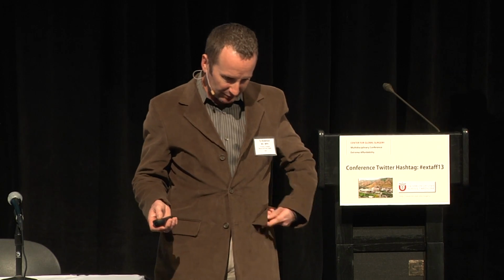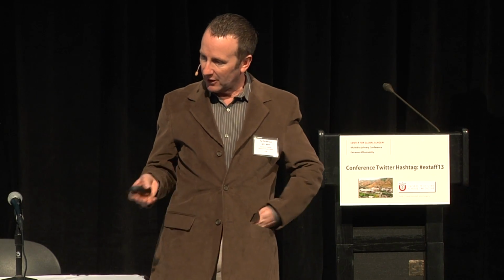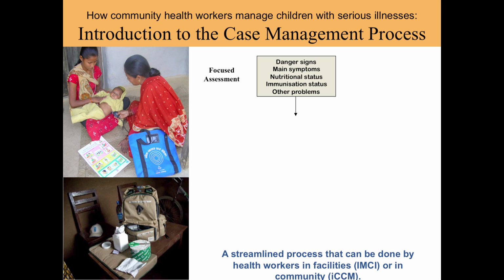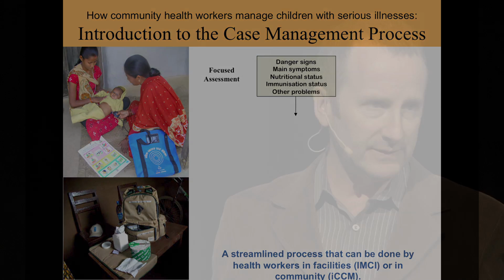So how does this case management process work? The community health worker assesses for 12 major danger signs, and they're very simple. No counting pulse, no checking perfusion. If any of these danger signs are present, these children are immediately referred. If there are no danger signs, they look at main symptoms, nutritional status, immunization status.